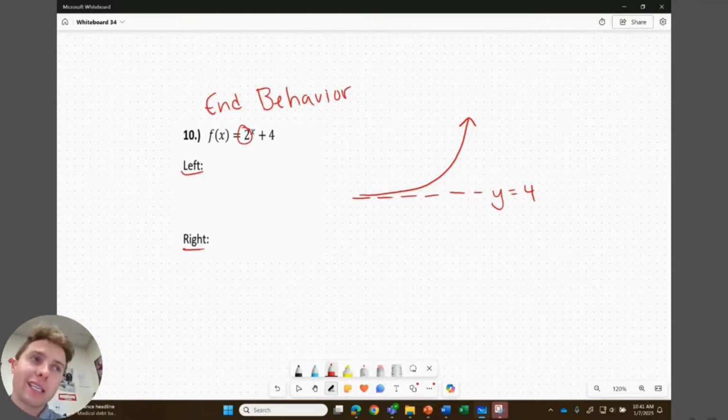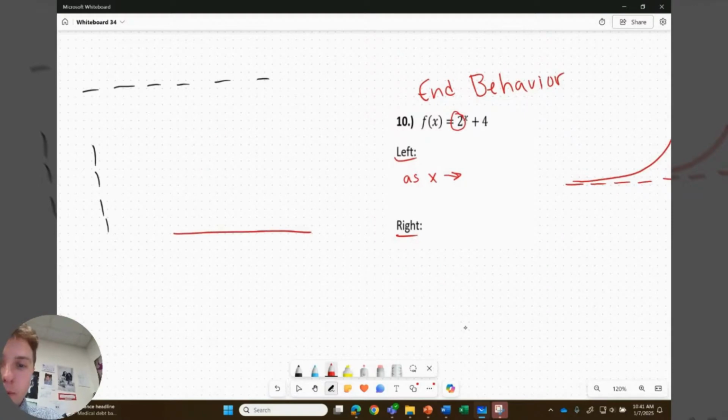End behavior has a specific setup. End behavior always starts like this, as x does something. Well, x is the left and the right direction. So if I want to talk about x going towards the left, you could picture a number line. For example, here's a number line.